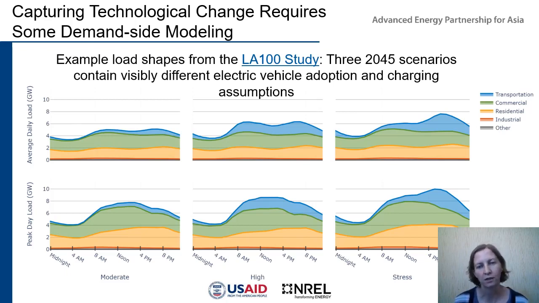And we can also see that the different assumptions made in these different projections really had an impact on both load quantity and timing. So we can see that the overall amount of demand is changing, the peak demands are changing, and the timing of when the peak demand is happening is changing, depending on our scenario assumptions.